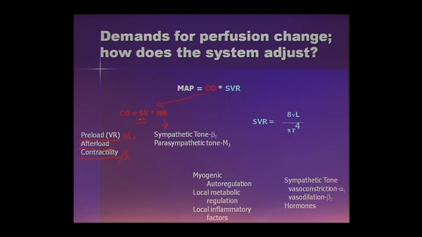How much blood is brought by veins to the heart, how strongly the heart contracts through beta 1 receptor, and what kind of force the heart has to overcome in order to dump this blood into the aorta. So you can imagine problems that could arise at any of these points, can you?